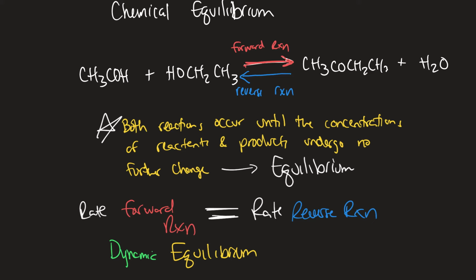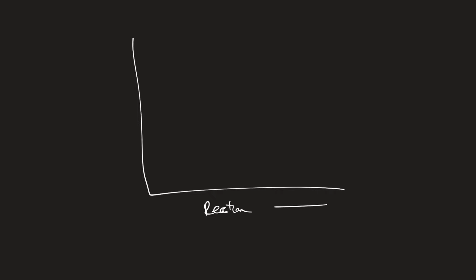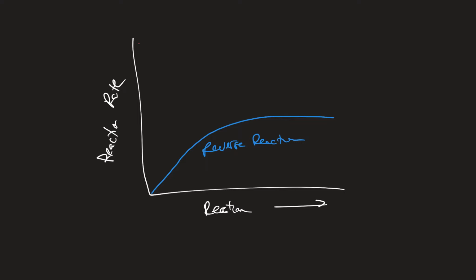We could actually graph this out and see it graphically. Here we have the time of the reaction versus the reaction rate, where one curve is the rate of the reverse reaction and the other is the rate of the forward reaction.